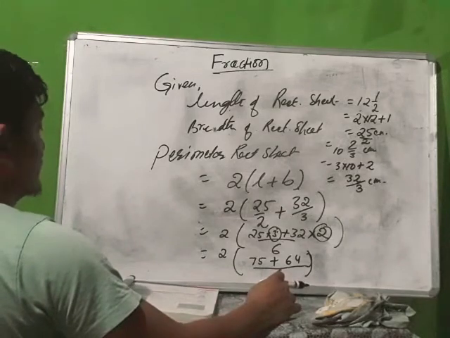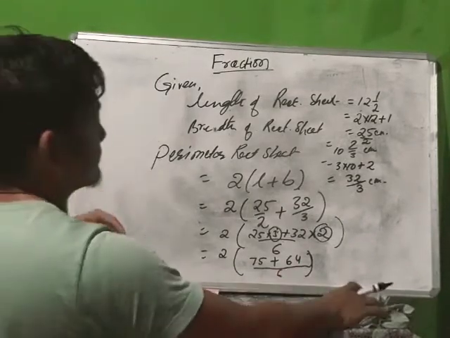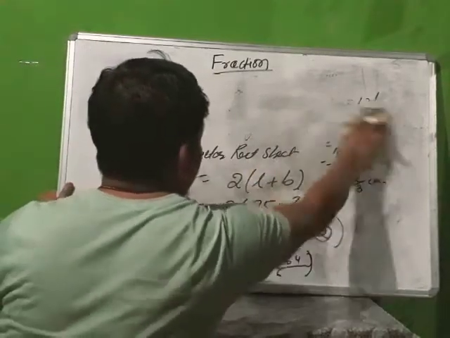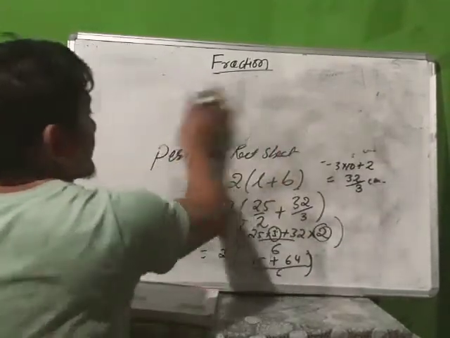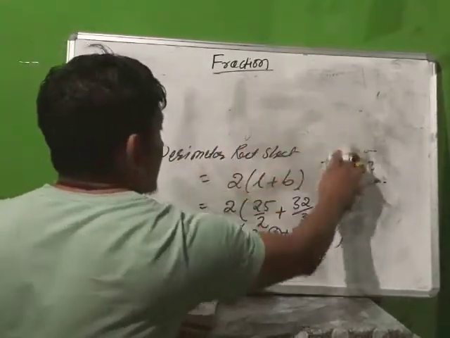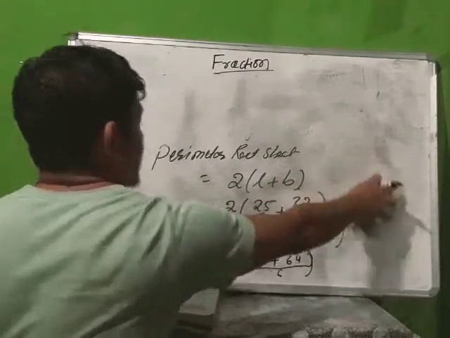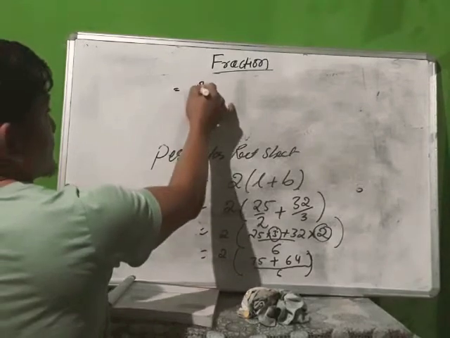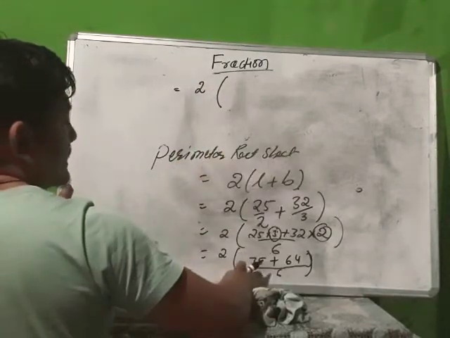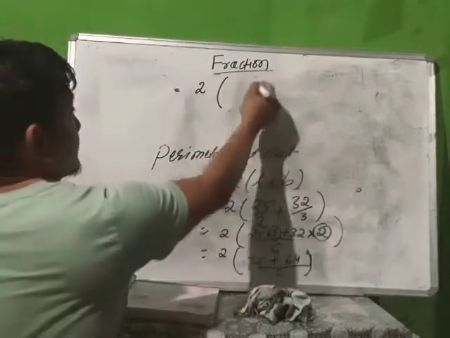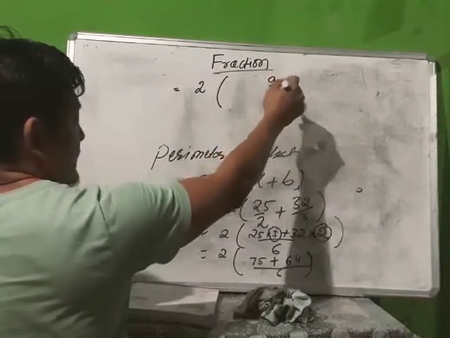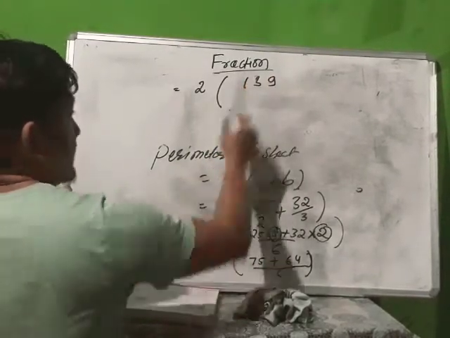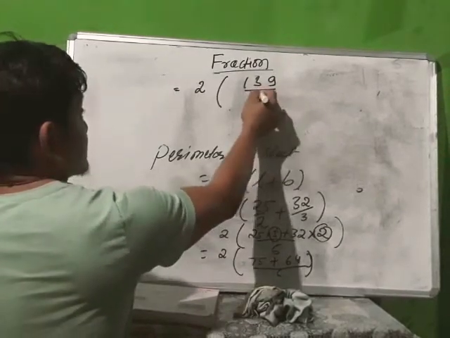I need to rub this out so that we can write here. Now once you get this, you have 2 under the bracket, and 75 plus 64 will come as 139 by 6.